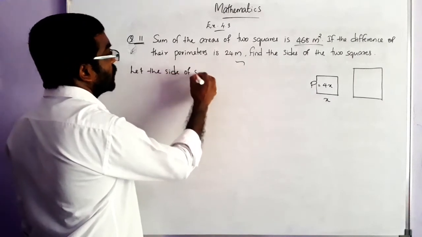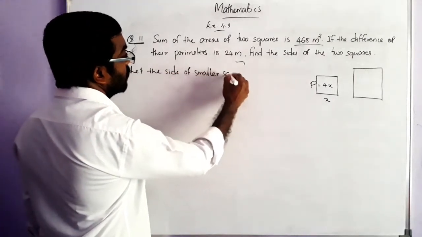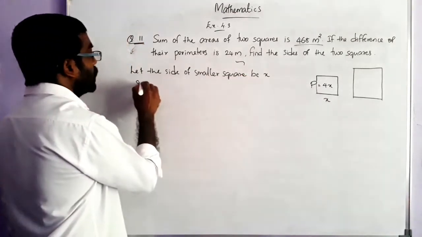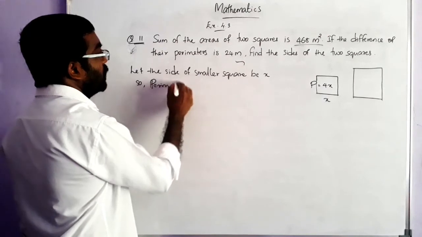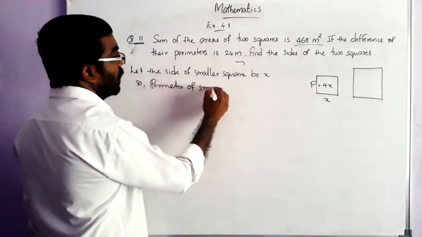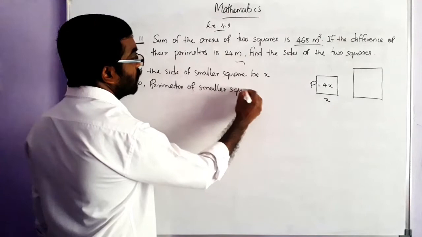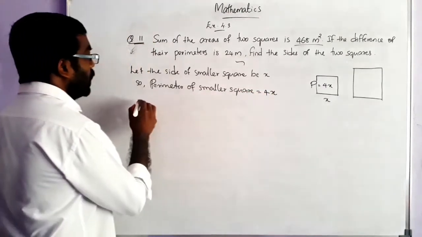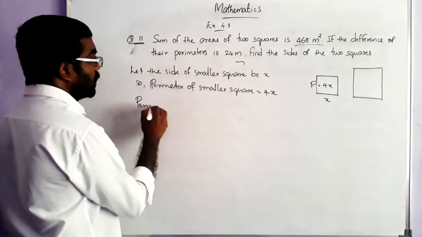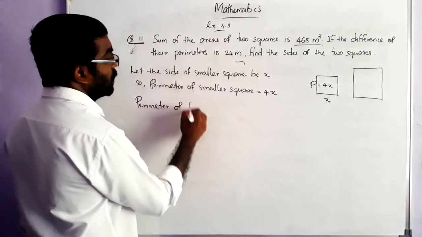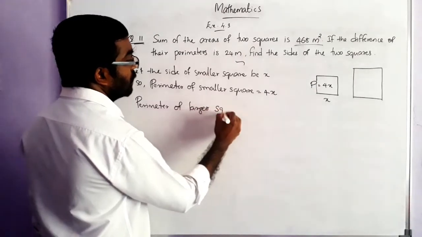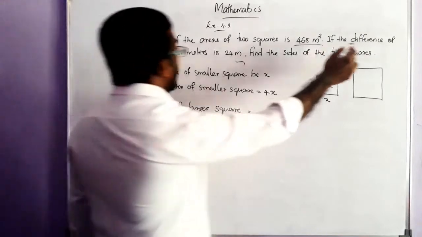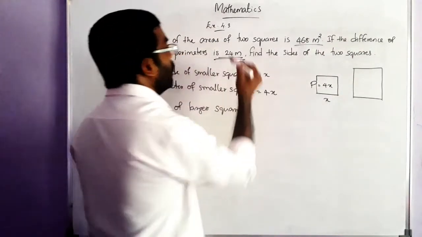So let the side of the smaller square be x. So the perimeter of the smaller square is equal to 4x. Now we can find the perimeter of the larger square. Here it is given that the difference of their perimeters is 24 meter.